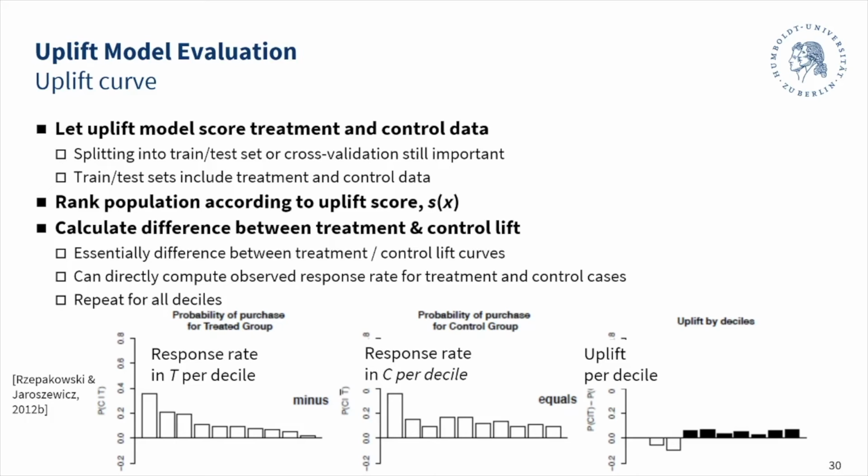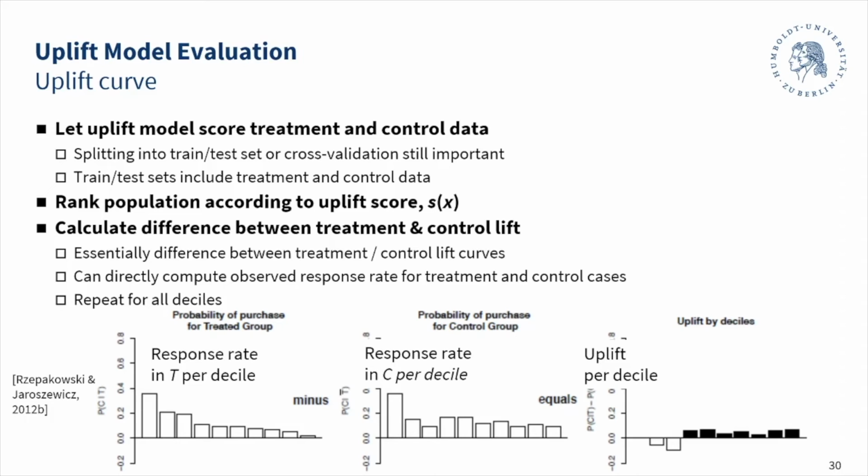Every one of these models delivers a prediction, a score, which you can call an uplift score, that's my wording, or you can also consider it an estimate of the CATE. And you can rank order customers by this score. You can rank order treatment group customers and control group customers alike.